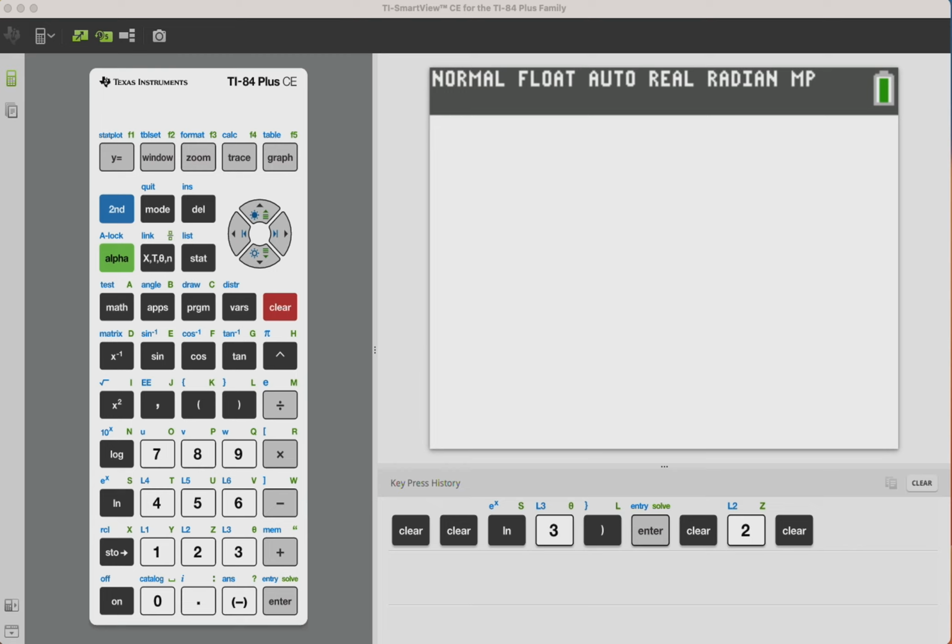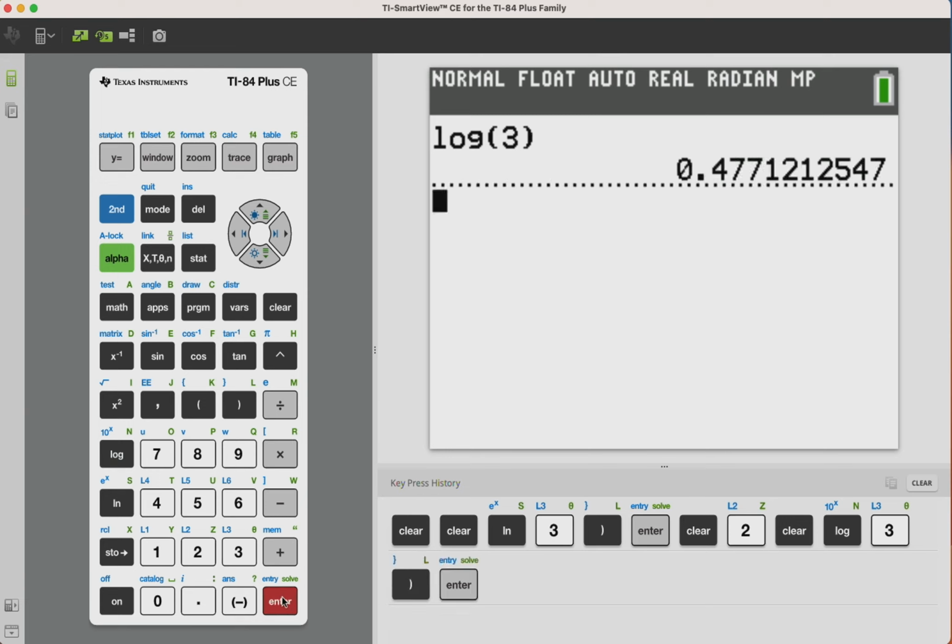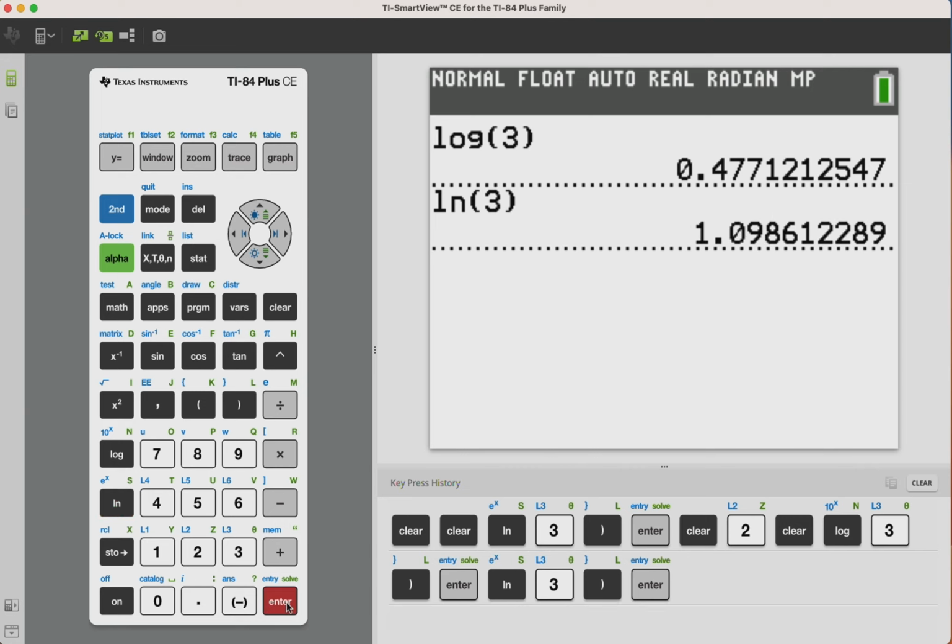Here we are in the calculator, and here are the buttons on the side for log and natural log. You know, scientific calculators also have these same buttons. You don't need a graphing calculator. But to do that first problem, log base 10 of 3, you literally just do log of 3. And there's the answer. And the second one, to do natural log, you do natural log of 3. And there's your answer.